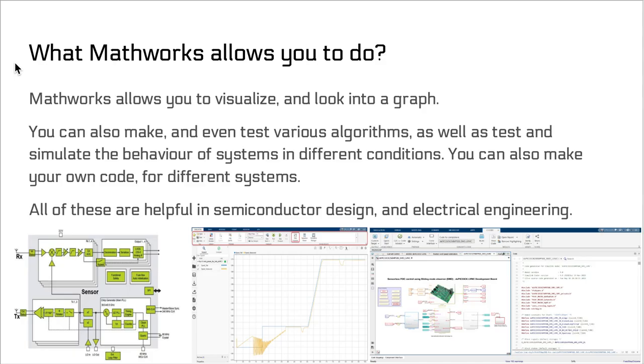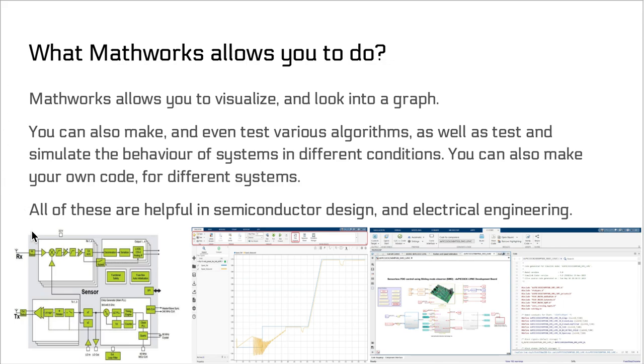It also can test and simulate different systems, as discussed before, for example, to detect if a chip is overheating. It can be used in other contexts as well, to detect different systems and how they behave in different conditions. Now, MathWorks is not just math, it can also deal with code. With MathWorks, you can make your own code. This can be used for embedded systems.